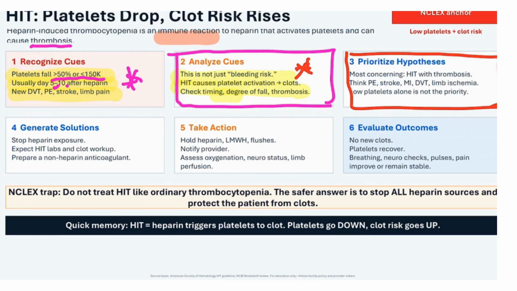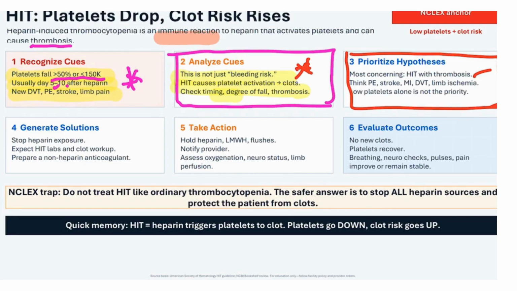Your priority concern is heparin-induced thrombocytopenia with risk for life-threatening thrombosis. NCLEX may try to make you focus on bleeding because the platelet count is low. Do not fall for that. Please don't fall for that. With heparin-induced thrombocytopenia, clot formation is the major complication.